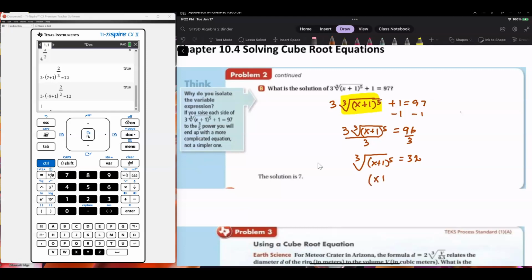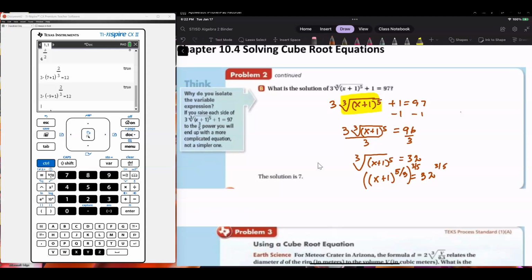So you have x plus 1 raised to the power 5, because that's 5 right there, and then your root is 3, and that's going to equal 32. Now you notice that 3 is an odd number, so we don't have to worry about using an absolute value. So we're going to raise the left side to the reciprocal of 5/3, which is 3 over 5.